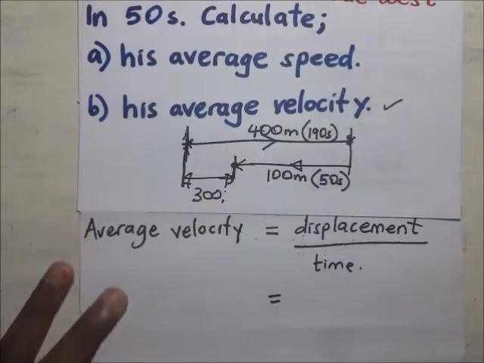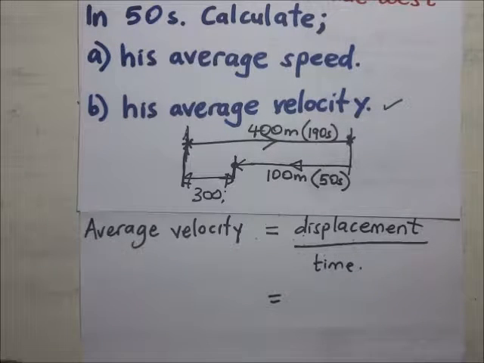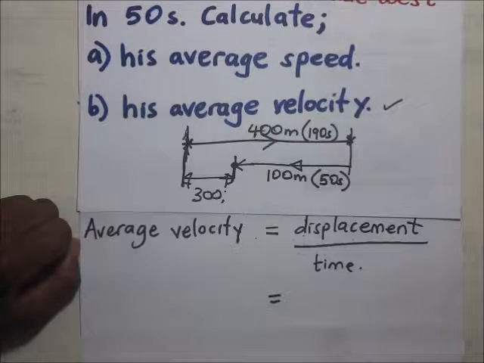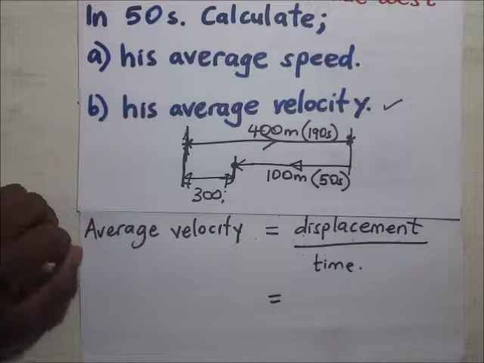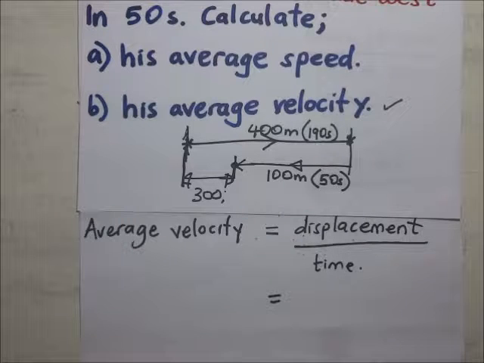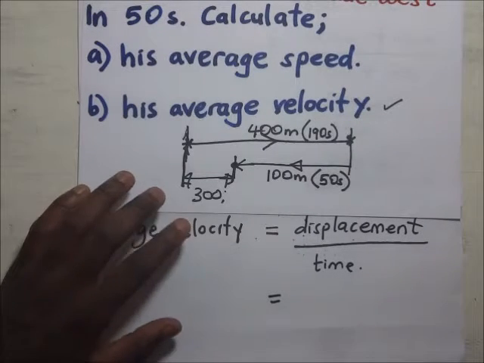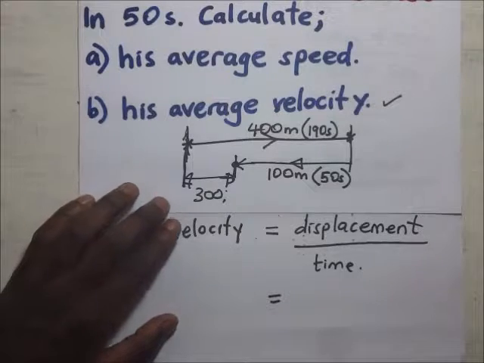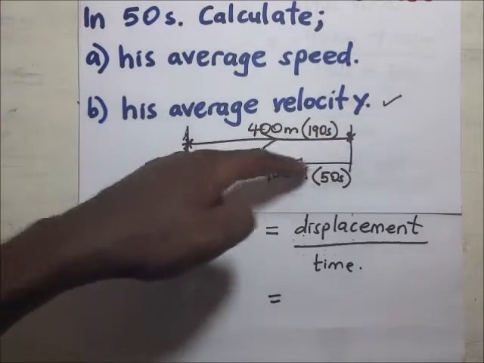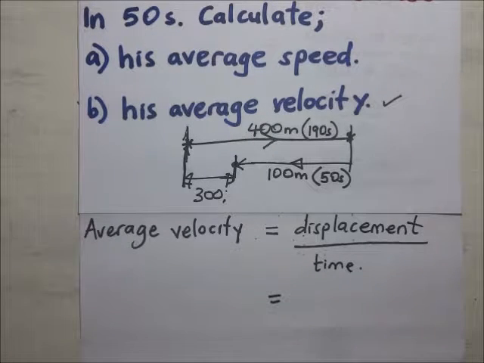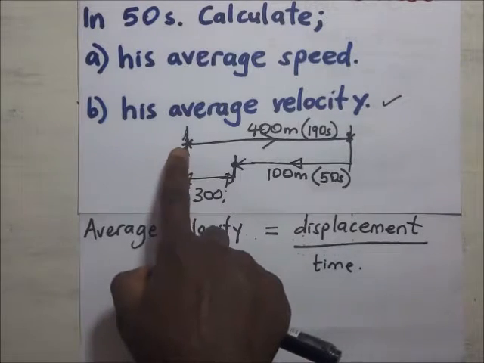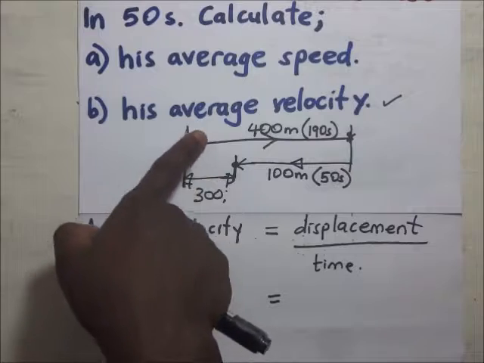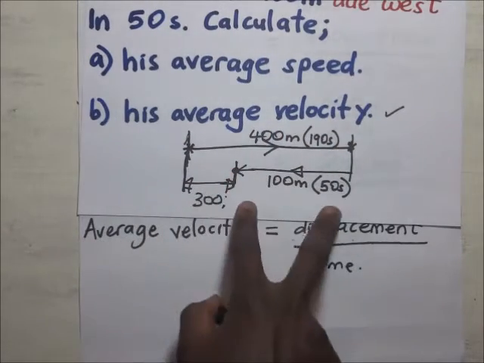Again, let's get the difference. Distance is a scalar quantity. Velocity is a vector quantity, and with velocity we are talking about the magnitude and direction, while with scalar we are only talking about the magnitude. Distance is just how much you move. In this case, the distance moved to come from here to here is simply 400 plus 100, which is 500 meters.